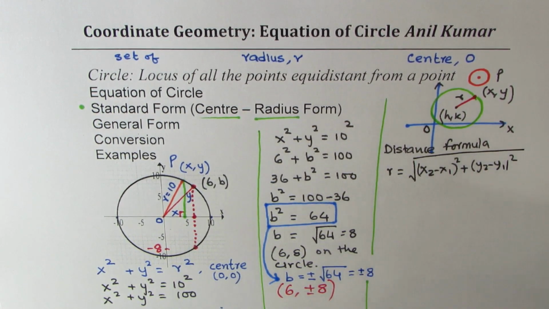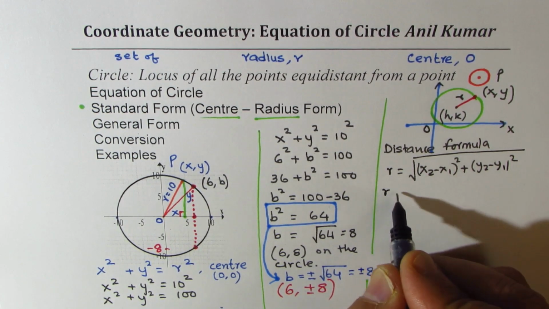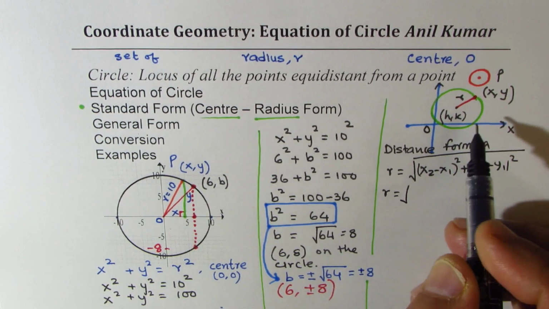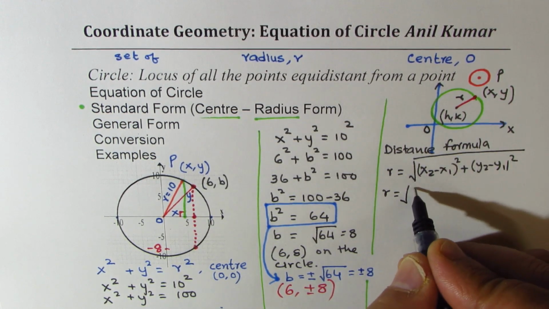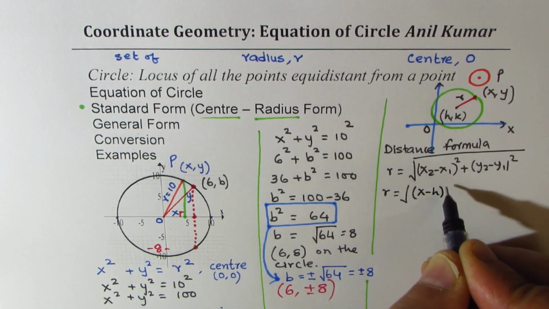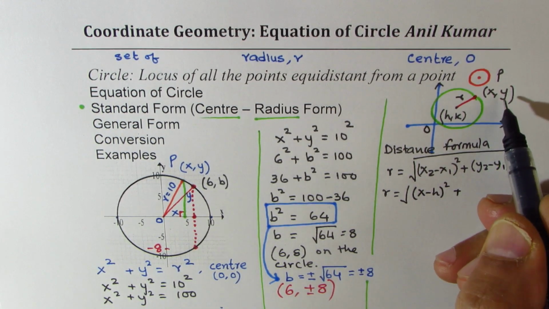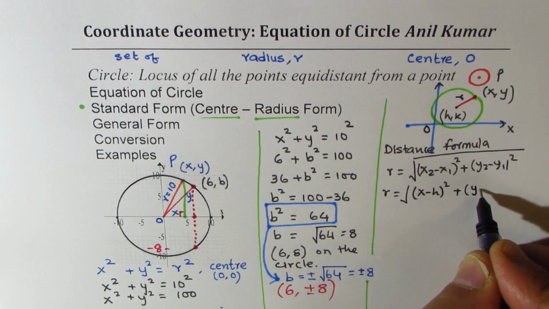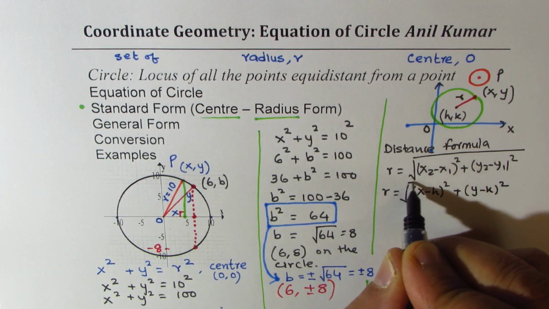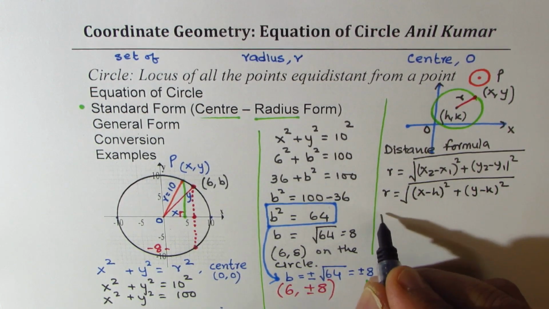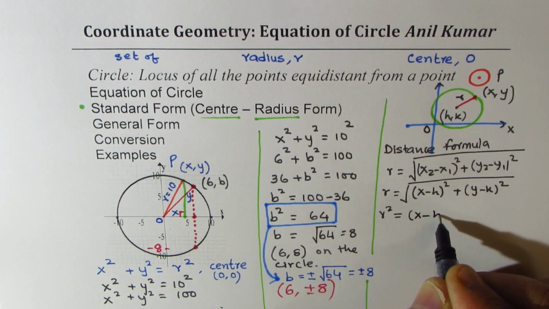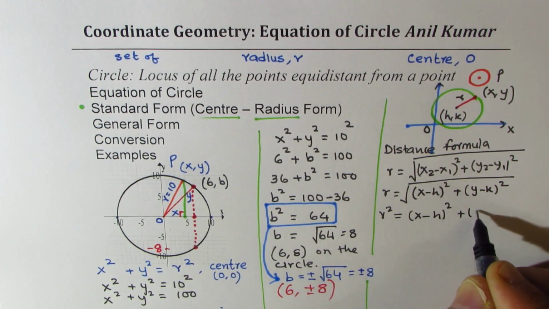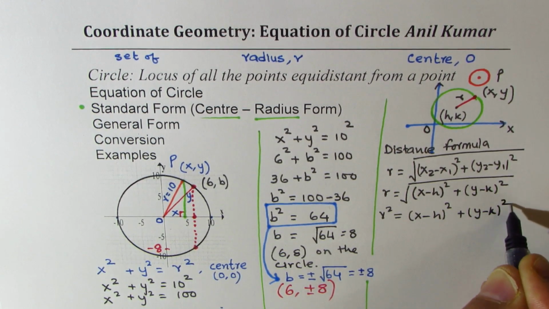So that is the distance formula, correct? So we could write this as r is equal to, in our case, x and h are the two x values, so x minus h whole square plus, y values are y and k, y minus k whole square. And if I square both sides, I get r square equals x minus h whole square plus y minus k whole square.